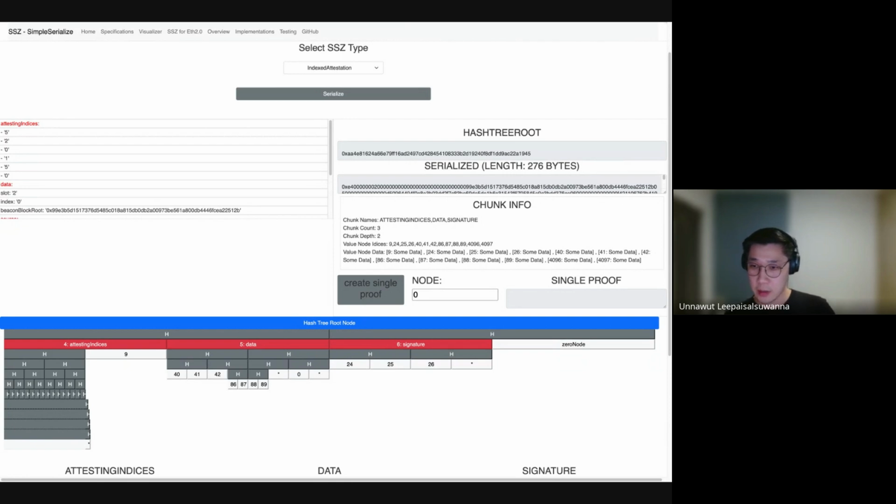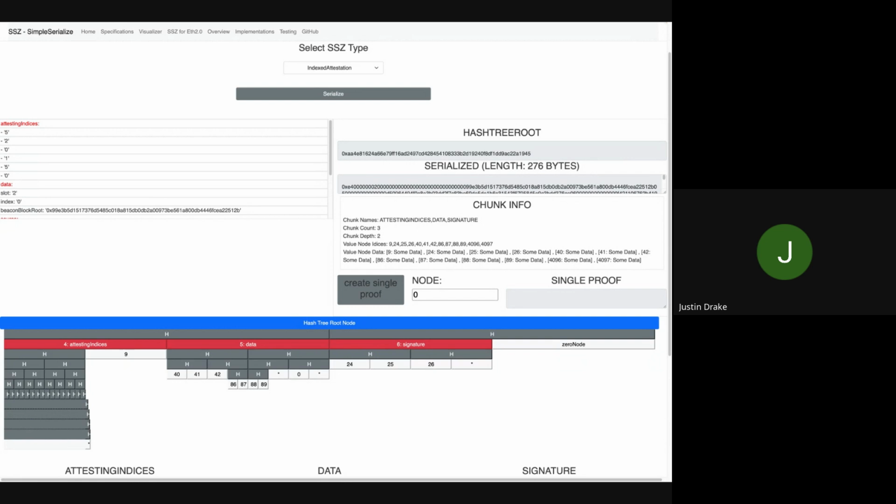No, so there should be no trust. Every action that's done within the zkVM needs to be authenticated. So let's say that in order to activate a new validator, you need to check that they have 32 ETH. That's one of the requirements. Well, in order to do that, you need to load the balance.